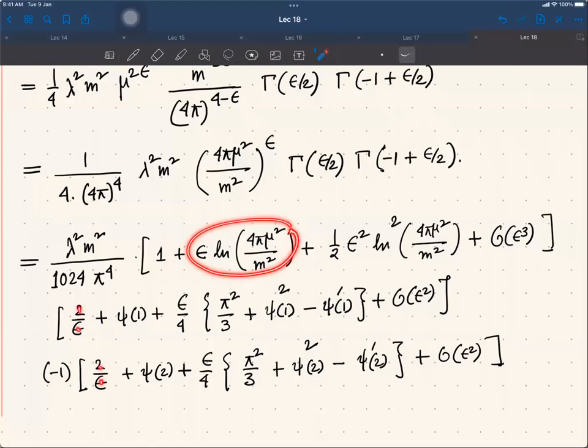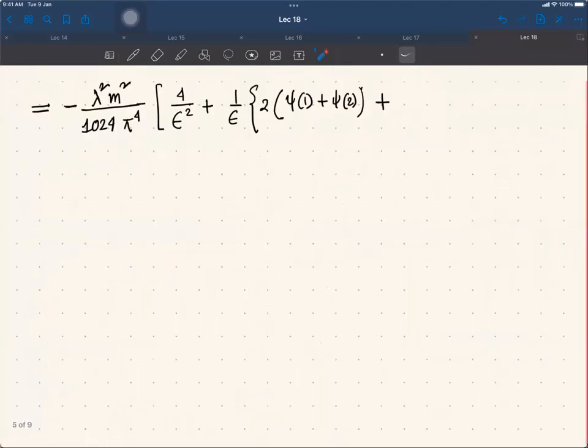So that is 4 times this logarithm. So we have 1 over epsilon square and 1 over epsilon terms.